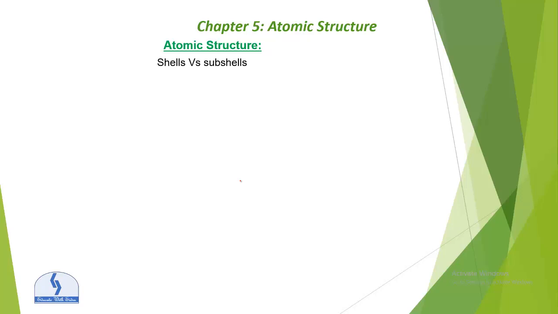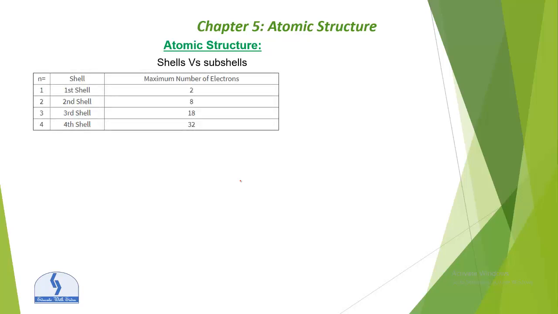Next is the figure. You can see n is equal to 1, that is the first shell. You have to memorize this: for the first shell, the maximum number of electrons will be 2. For the second shell, the maximum number of electrons will be 8: 1, 2, 3, 4, 5, 6, 7, 8.